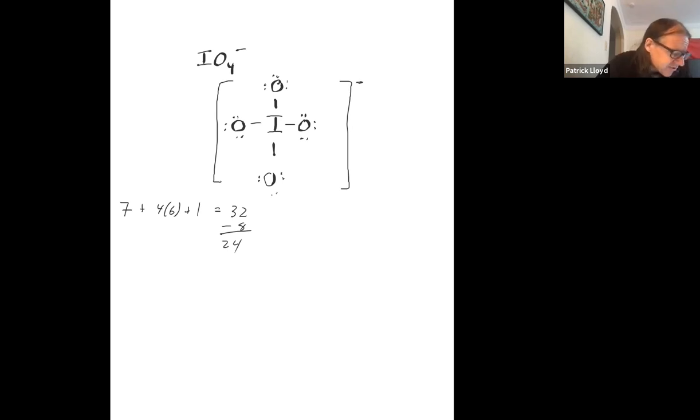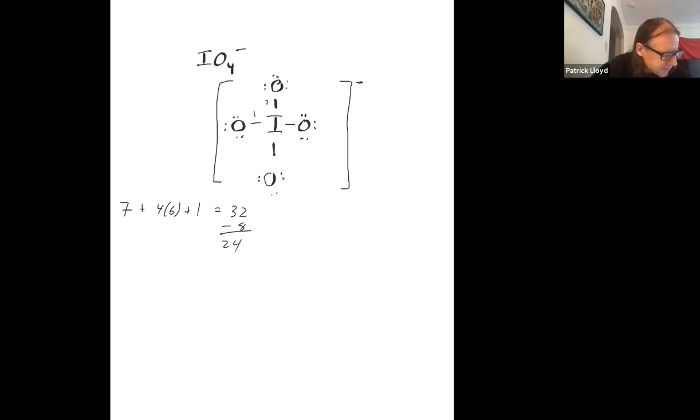So it doesn't matter whether we form a second bond to one of the oxygens or to two of the oxygens. I would argue probably two of the oxygens form a double bond, maybe even three. But that's okay. You could do that if you want to get the formal charge closer to 0 for the iodine, and that would be perfectly fine. But it doesn't matter in terms of VSEPR theory. All we need to know is how many electron groups there are, and a double bond is the same as a single bond. So all we've got to do is count them up.